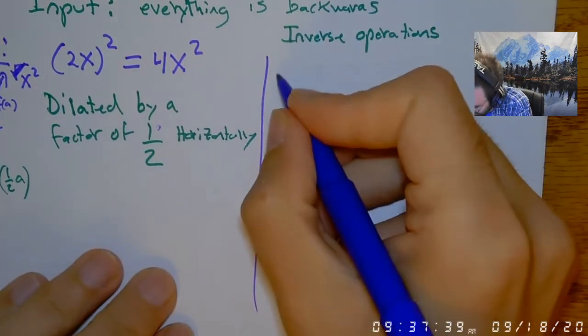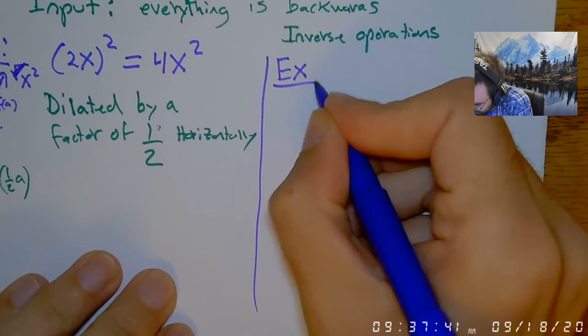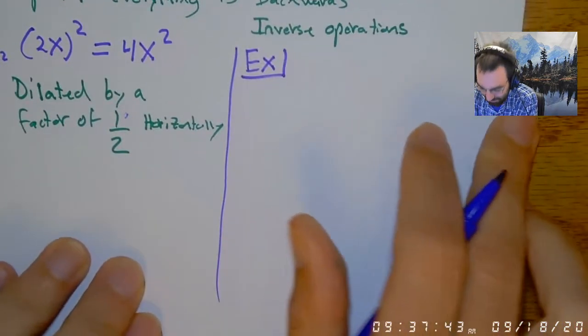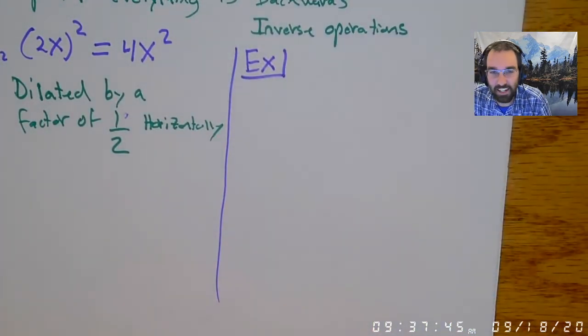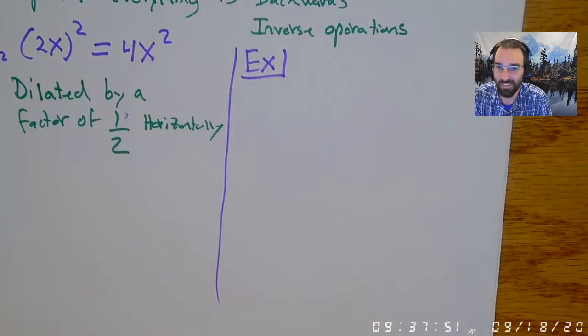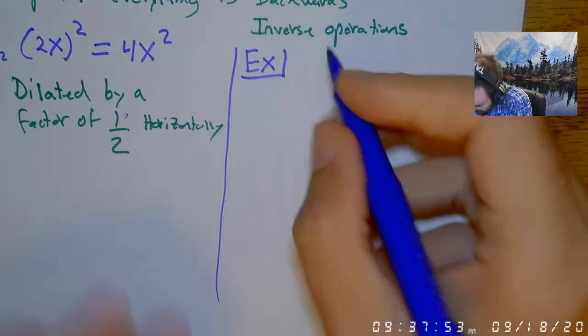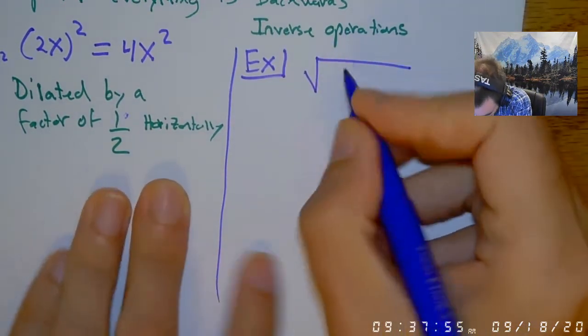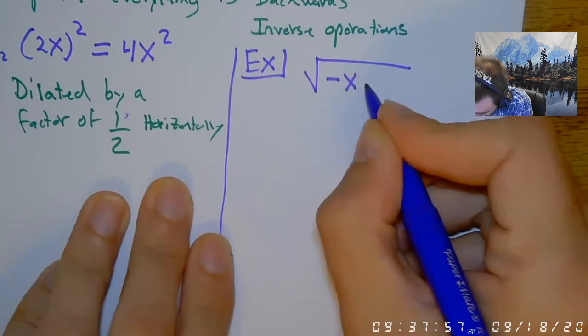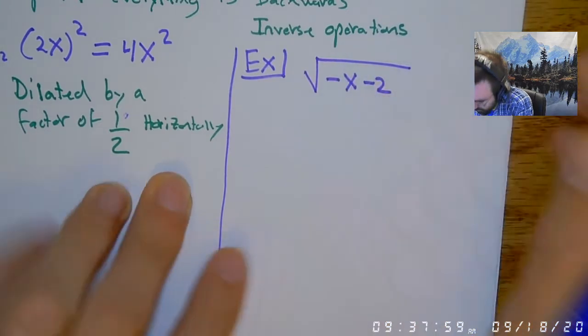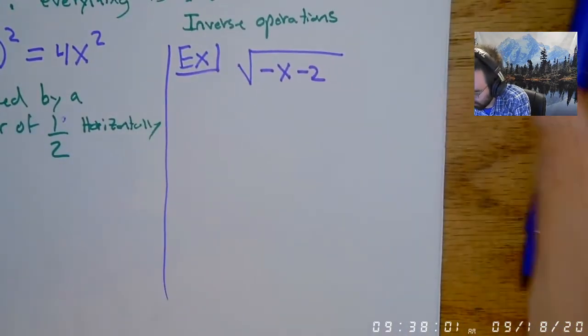Okay. Now, the next thing that makes these hard, yes, there are 2 things that make this hard, is that horizontal dilations mess up horizontal translations, okay? So what we're going to look at is an example here, an expression.